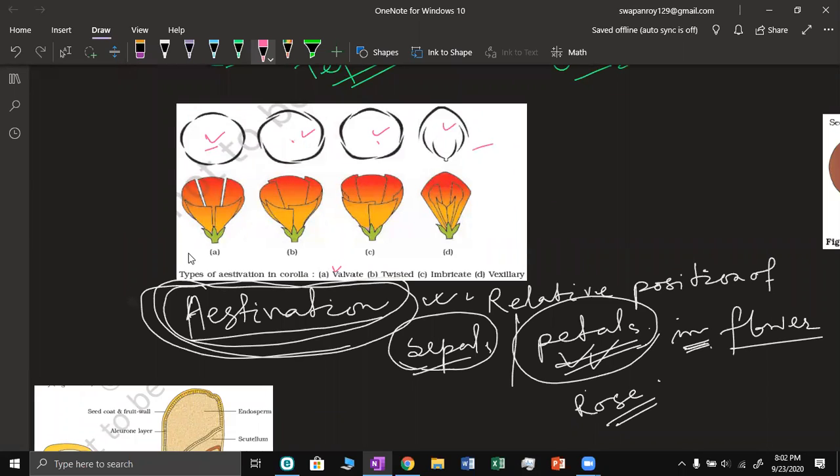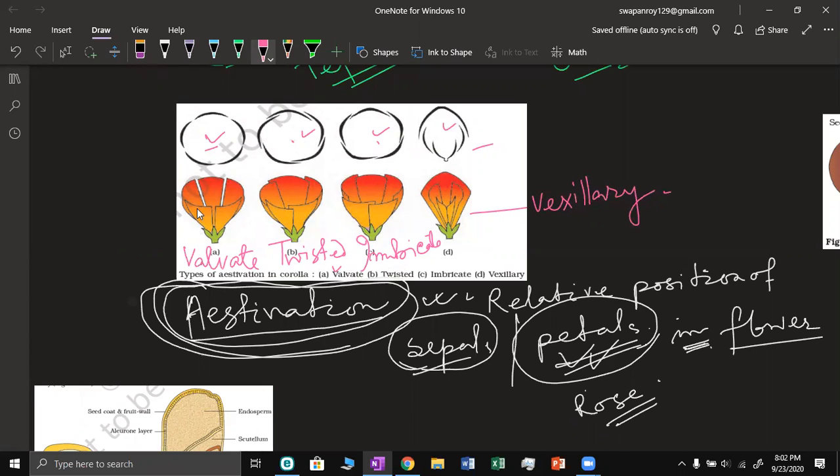So this is valvate. This one is twisted. This is imbricate. And the last one is vexillary.